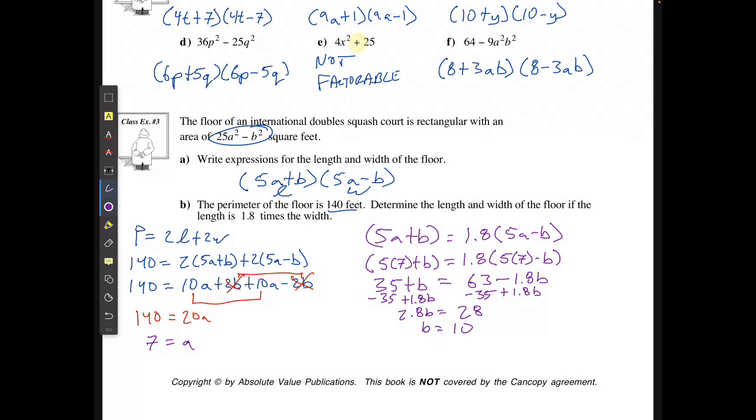Now I have enough information to solve what they are. Now I know what a is, I know what b is, so I can say that the length is equal to 5 times 7 plus 10, or 45. And in this case, it's in feet. I know the width is equal to 5 times 7 minus 10, or 25 feet.